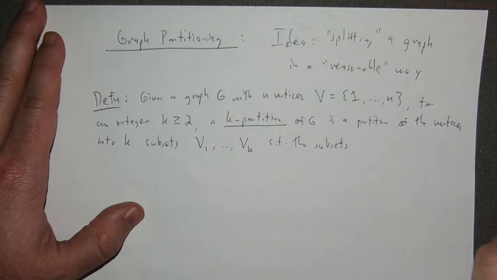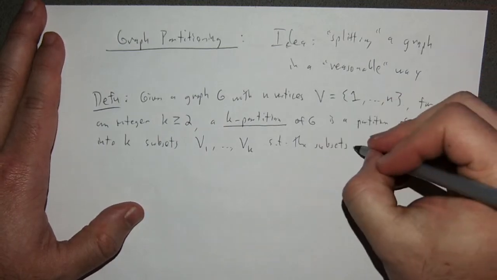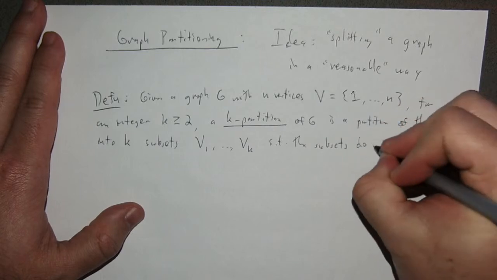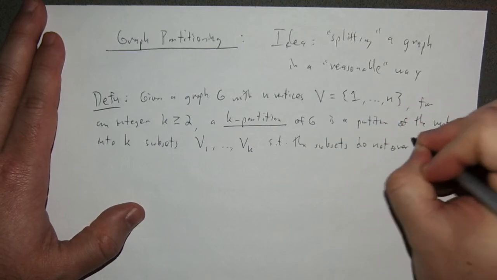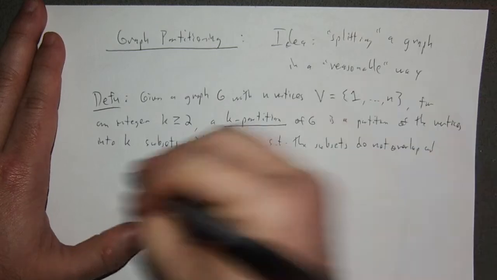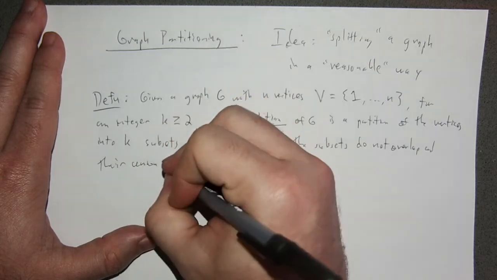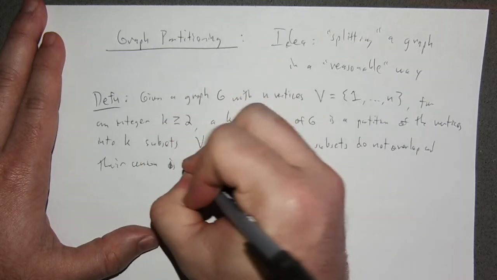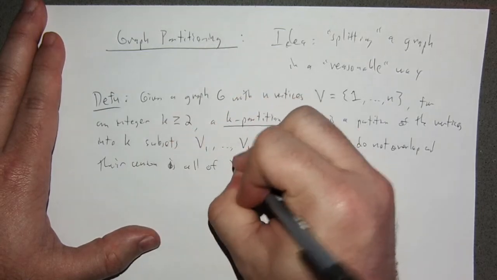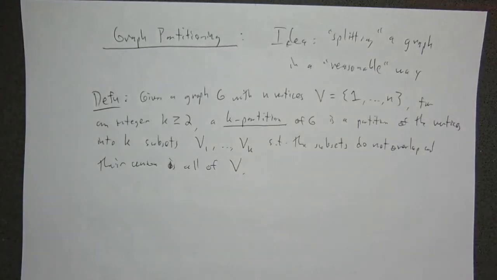They've got empty intersection. Many ways you could characterize that. So such that the subsets do not overlap and their union is all of V. So they are disjoint and they're exhaustive in the sense that they fill out the set of all vertices. Okay.